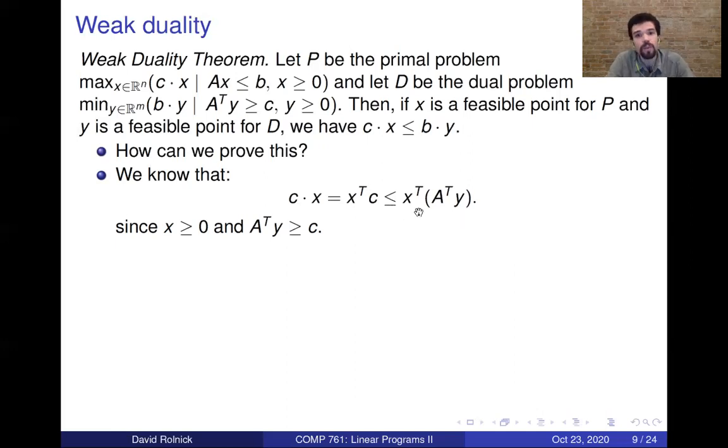But in this case, we can, because a transpose y is greater than or equal to c, and x is greater than or equal to 0. So entry-wise, this works out. Every single one of those scalar products being added up in the dot product is greater on this side than on this side.